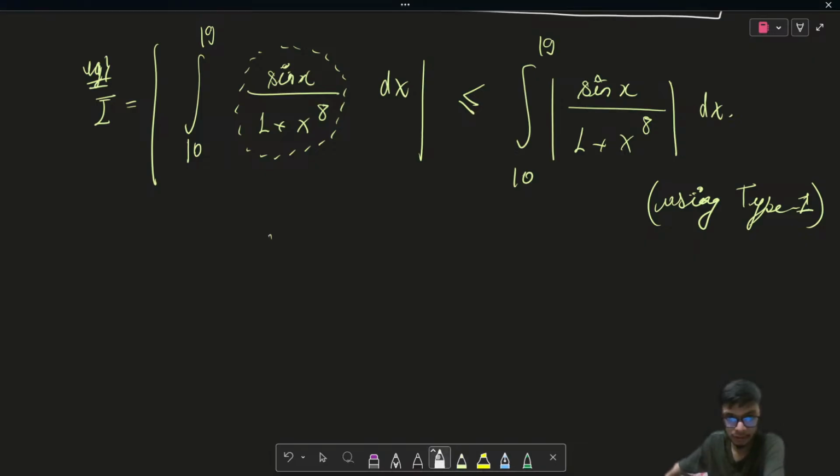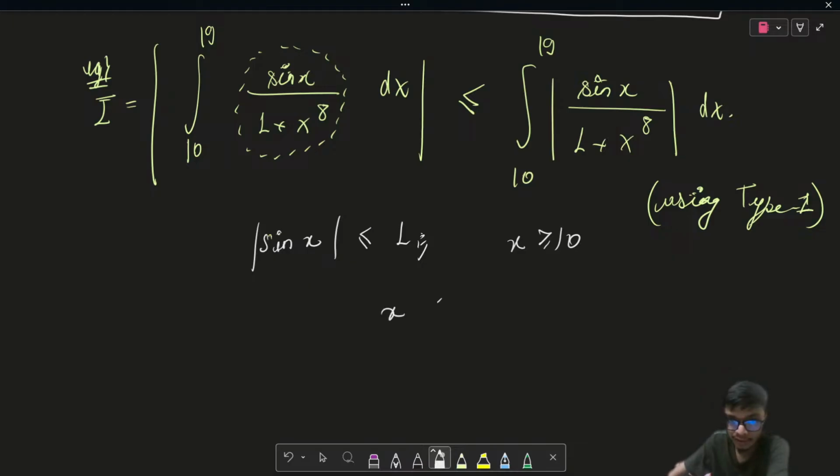Now I know certainly that the mod of sine of x is obviously less than or equal to 1, and x is greater than or equal to 10. Here the lower limit of x is 10 and the upper limit is 19, so x is going from 10 to 19.